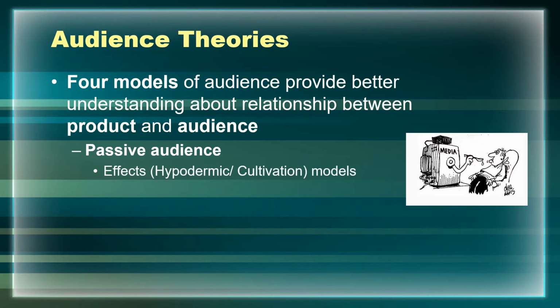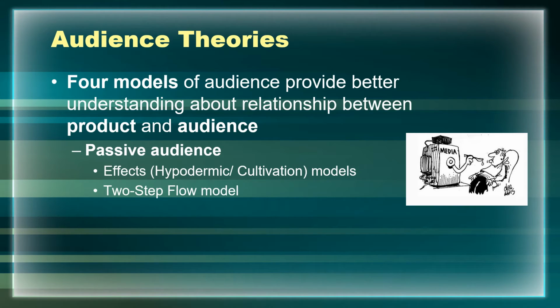So the passive audience is an audience where the media influences the audience quite substantially. And we're going to look at 2 theories called hypodermic syringe theory and the cultivation theory. And they are generally called effects theories because of the effect that the media has on the audience.